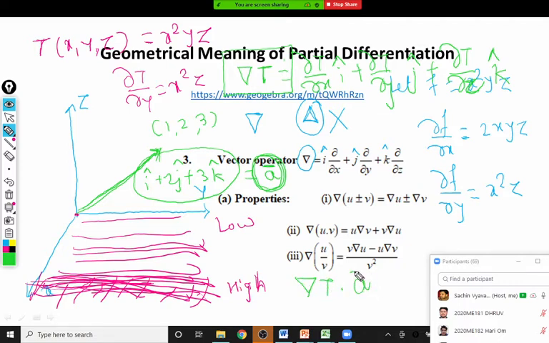So del t dot a bar upon the magnitude of a bar, or del t dot a cap, is known as the derivative of the function t along the direction a bar, or the rate of change of the function t along the direction a bar.